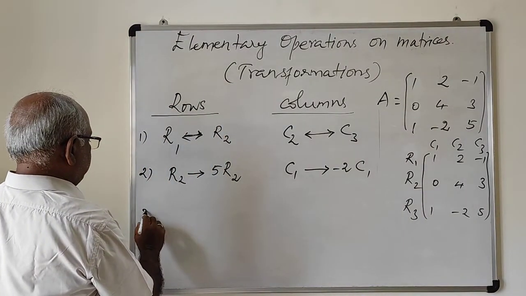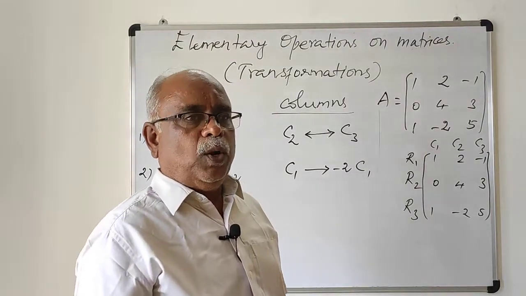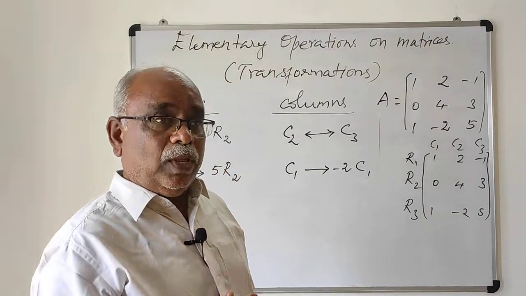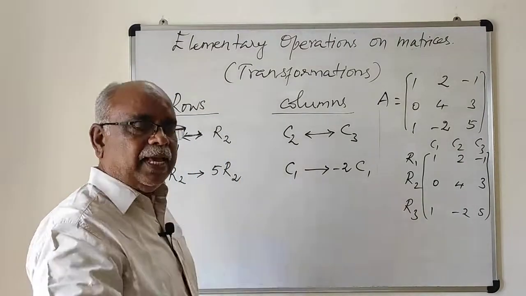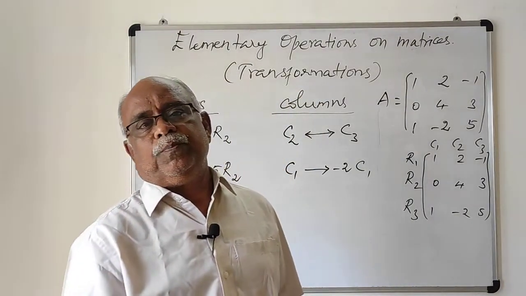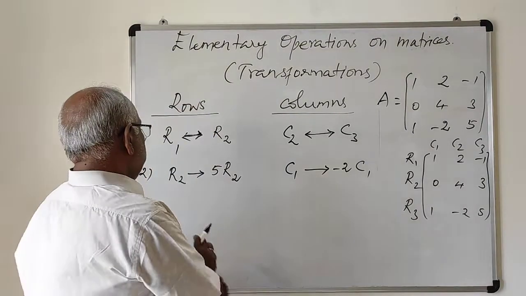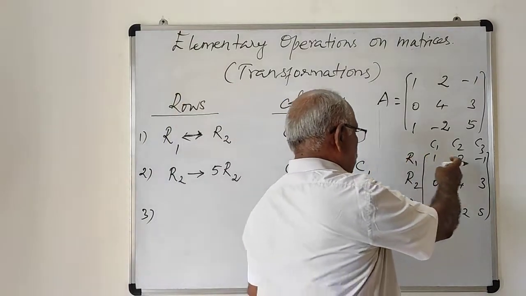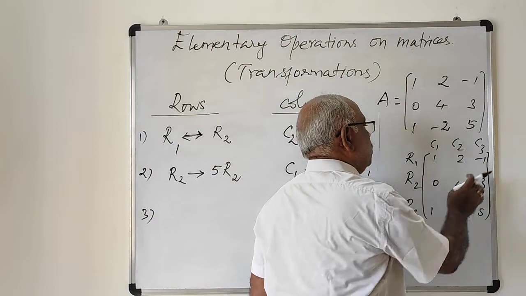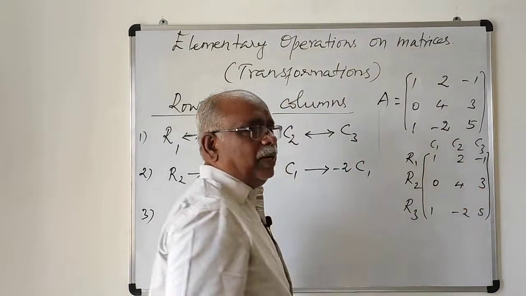And the third one: the elements of any row are added with the corresponding elements of any other row multiplied by a non-zero constant.